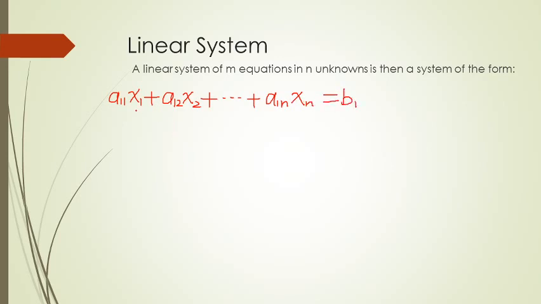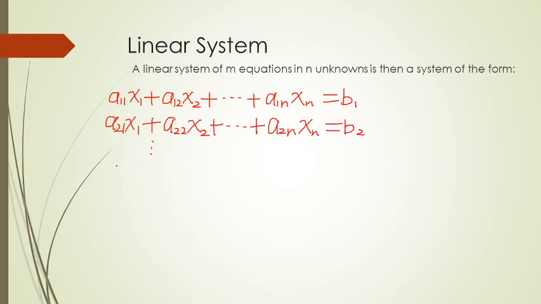That is the first linear equation. Then the second equation will be a21x1 plus a22x2 plus until a2nxn equals b2.